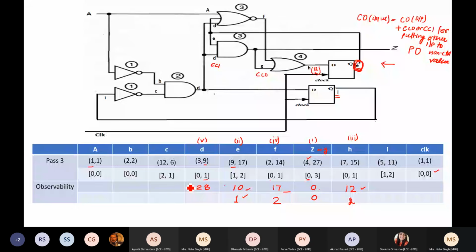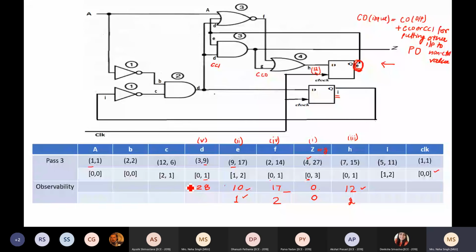Right? Sequential observability of D, which is 3, plus CC1 of C. So 1. So 3 plus 1, 4. Right?